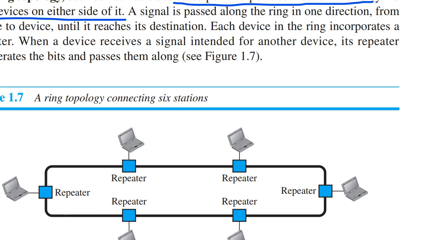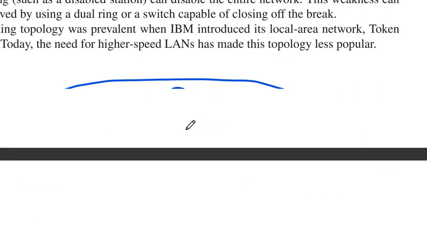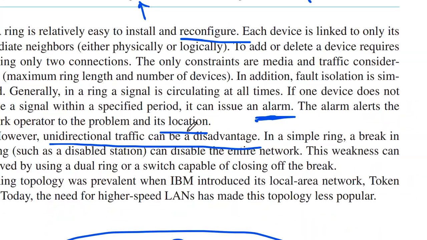Now, if this ring has a break, meaning the cable is cut here, and the data is transferring from here like this, it will not go further, so this device will not receive, and in the same way these others. These four or five devices cannot receive the data because of the break in the ring. This is the major disadvantage of the ring topology.